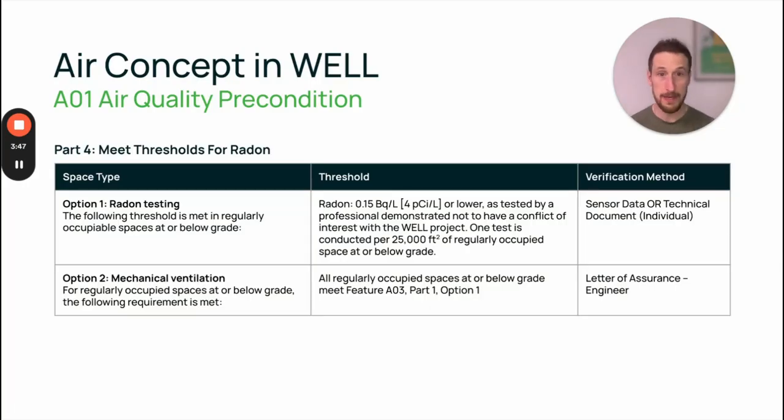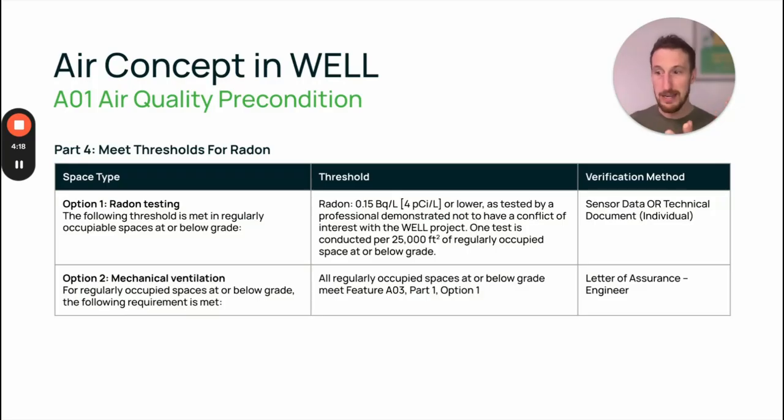Part 4 is around radon, and there are 2 pathways that you can take here. The first is to use sensor data from a continuous monitor to show that radon is below a certain level, but this isn't actually usually necessary. If your space has a letter of assurance from an engineer saying that it meets the requirements of feature A03 Part 1, Option 1, it's getting very specific, then you're automatically good.